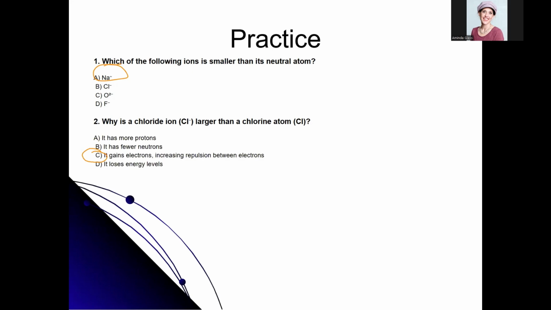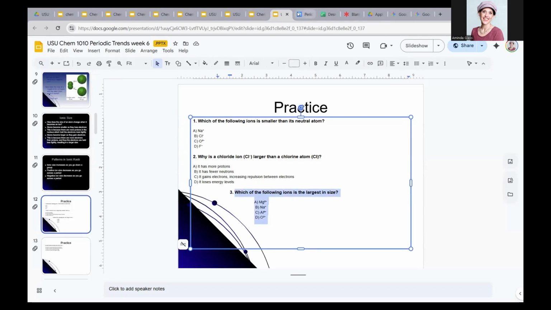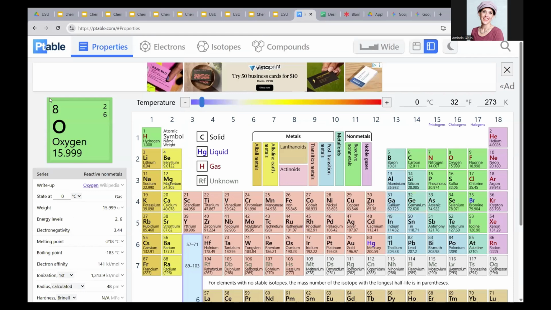So remembering those, and then looking at the periodic table, we have magnesium, sodium, aluminum, and oxygen. We know that the size of ions decreases as we go across the periodic table.